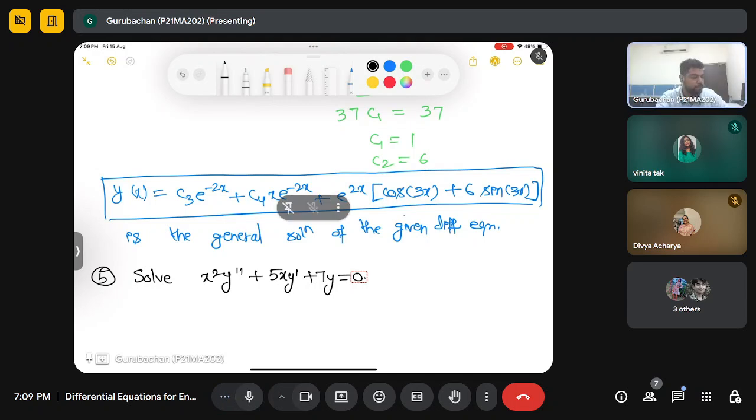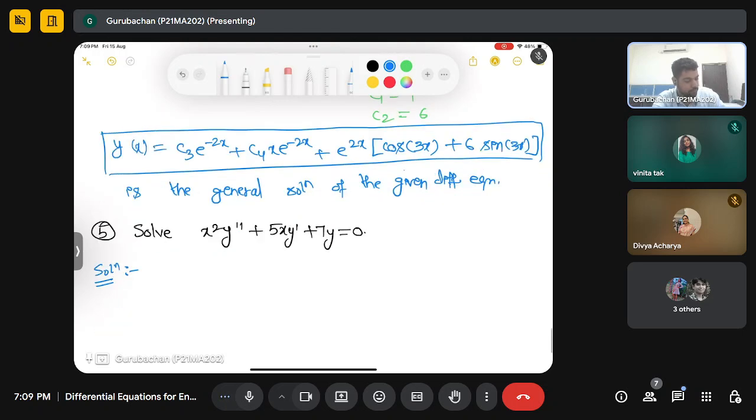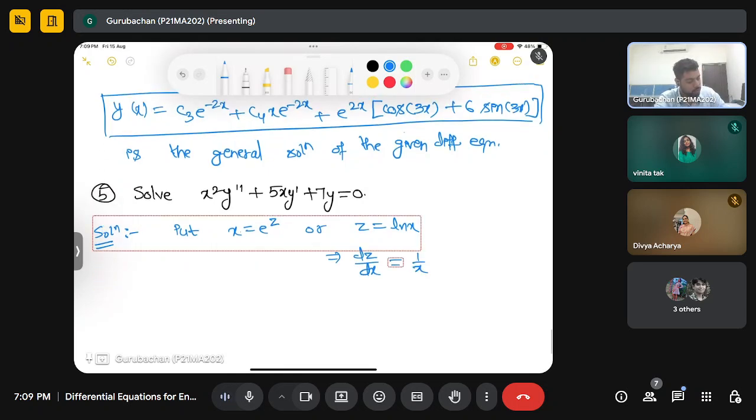So let us substitute our independent variable. So put x equal to e to the power z, or you can say z as ln x. So from here you will get dz by dx as 1 by x. So you want to substitute this dy by dx with the dy by dz.